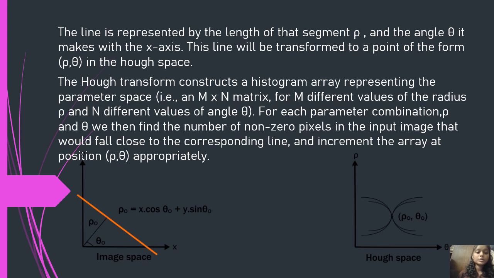The Hough transform constructs a histogram array representing the parameter space, that is an m cross n matrix for m different values of the radius rho and n different values of angle theta. For each parameter combination rho and theta, we then find the number of non-zero pixels in the input image that would fall close to the corresponding line and increment the array at the position rho comma theta approximately, as we can look into the figures.